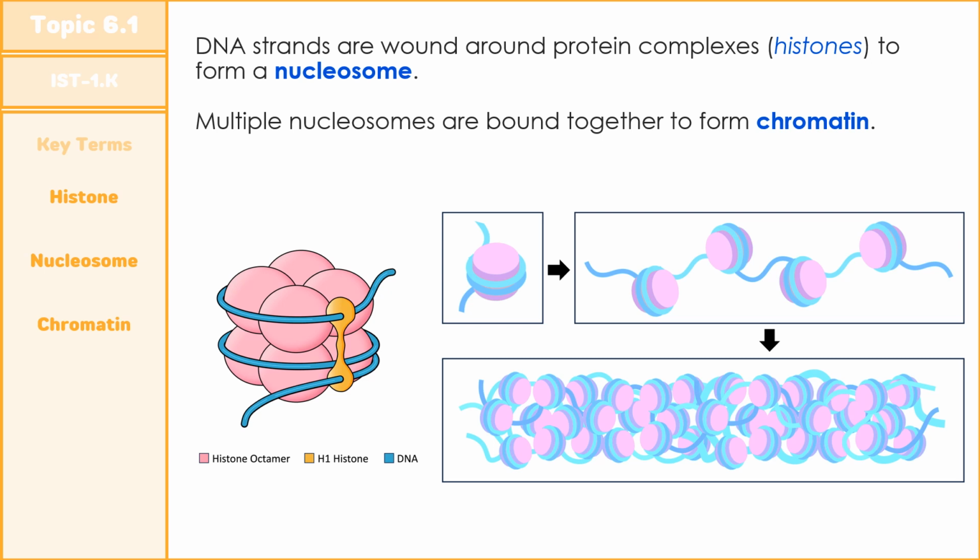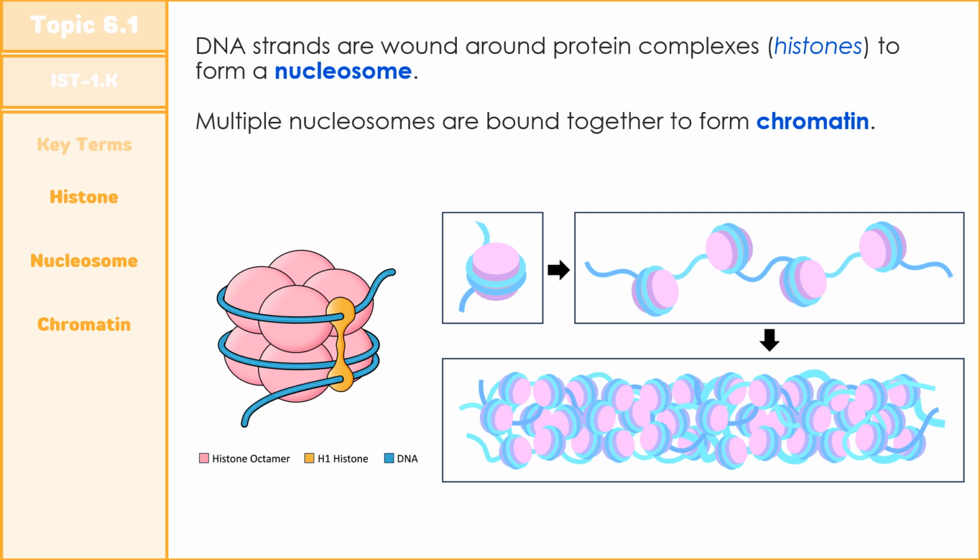And together, this DNA histone complex forms what we call a nucleosome. And when we get multiple nucleosomes together, we form chromatin. You may recognize chromatin from some previous topics, but this is essentially our loose organization of DNA as we find it when we're not preparing for division.